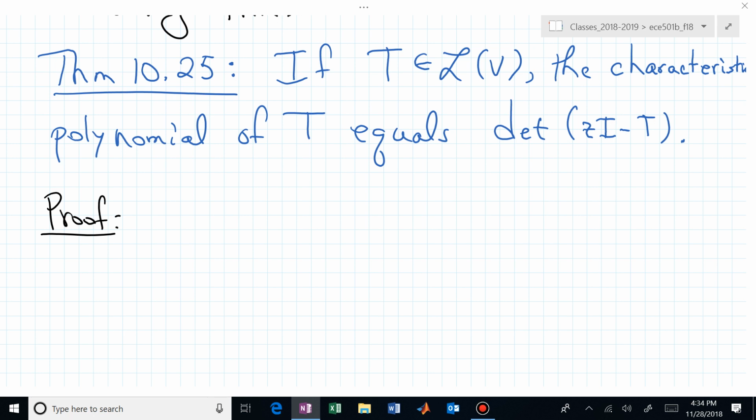Computing the determinant of this operator that depends on a variable polynomial, obviously the variable is scalar, but still it gets pretty messy depending on the dimension of your vector space.